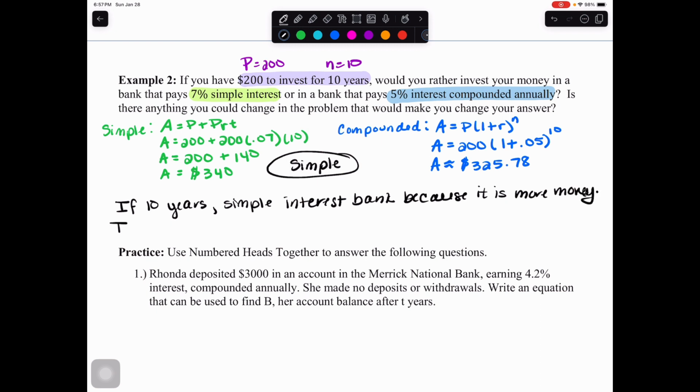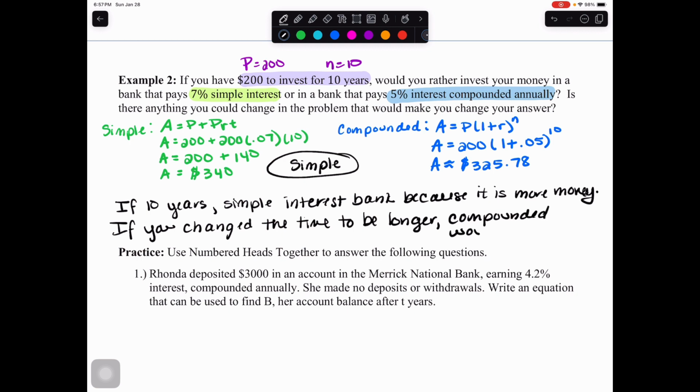However, if you changed the time to be longer, compounded would be better.